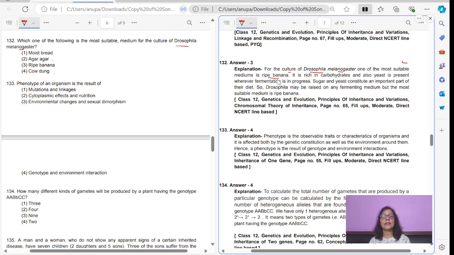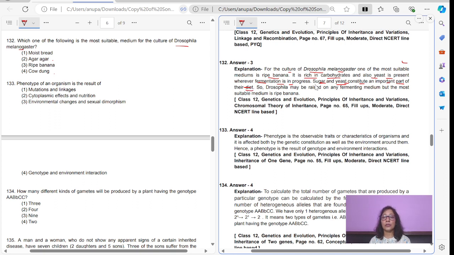Why? The reason is that ripe banana is rich in carbohydrates, meaning it provides sugar for the Drosophila, and also yeast is present because wherever there is fermentation, there is yeast. And sugar and yeast constitute an important part of their diet.